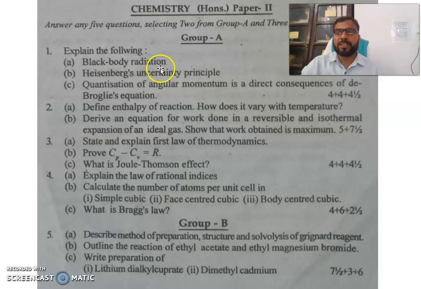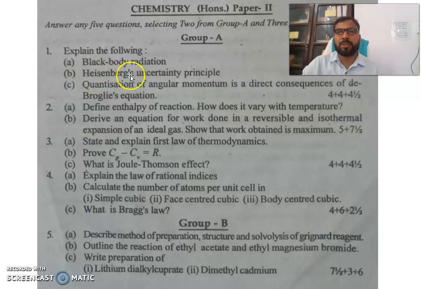If you write black body radiation, you will get 4 marks. If you explain Heisenberg uncertainty principle nicely, you will get 4 marks, and if you discuss the third part, you will get 4.5 marks. If you select question number 1 and do not write all these 3, then your evaluation will be done on the basis of only 2.